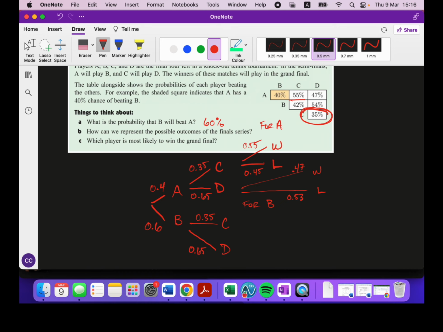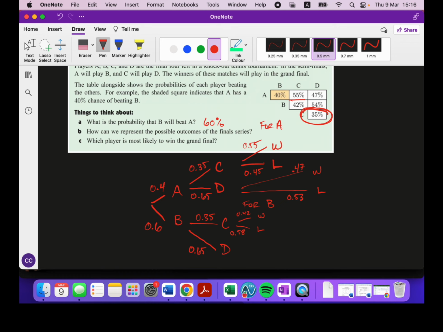Similarly, we can go down here and find what B does. If B plays C, their win versus their loss is 42% for a win, which means it's 58% for a loss.